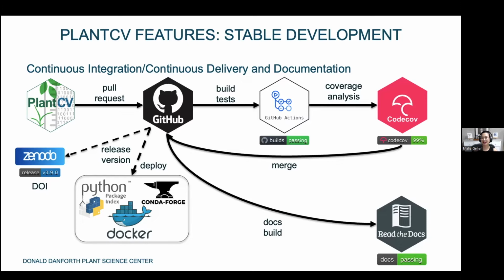What that means is that if I push code to PlantCV that breaks existing code, then I can't push that without fixing those conflicts. And that's very important, because if we have external collaborators, that means that we can actually accept external code without it breaking everything for everyone else.